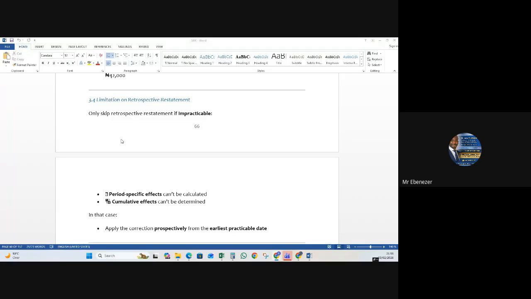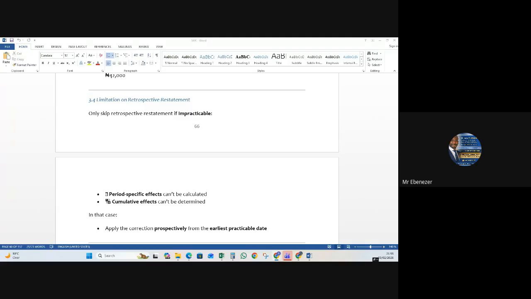You can't do retrospective if it is not practicable, and prior specific effects cannot be calculated, that is, how it will affect the current year. If you cannot determine the cumulative effect, in that case, please don't treat retrospectively.